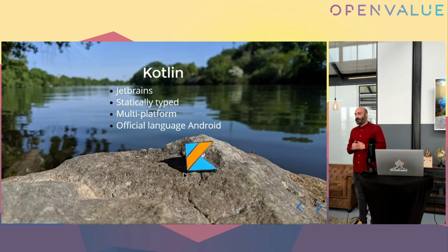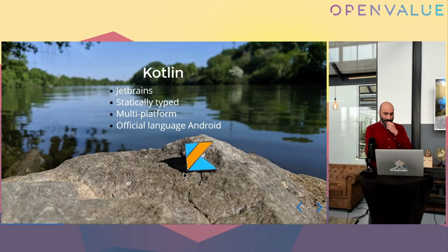I think the development started in 2011, and they released the first version in 2016, if I'm not mistaken. And in 2017, it got really big traction because Google announced that Kotlin is the official language. That really made things happen for Kotlin.